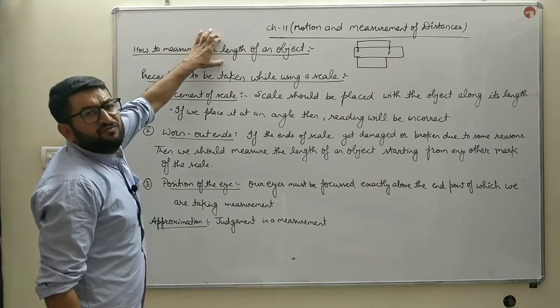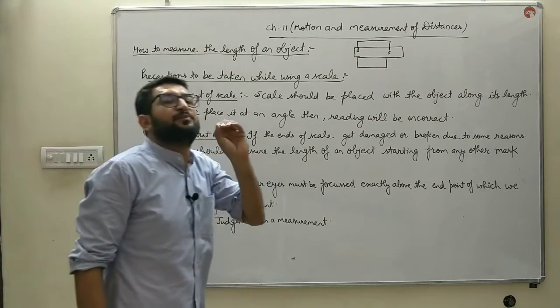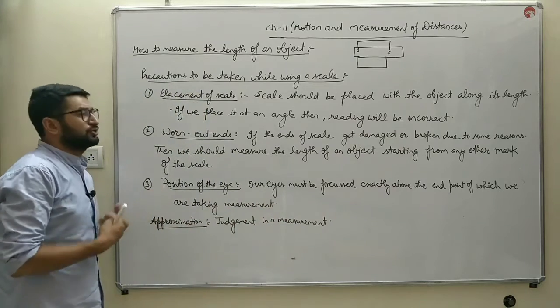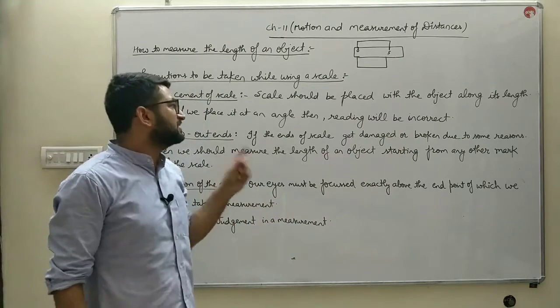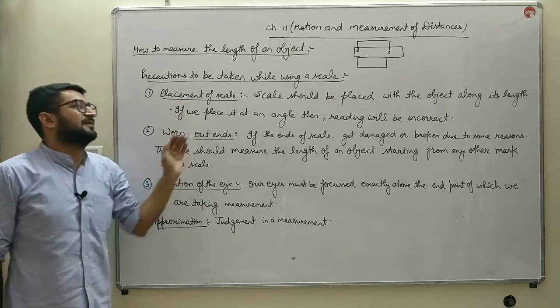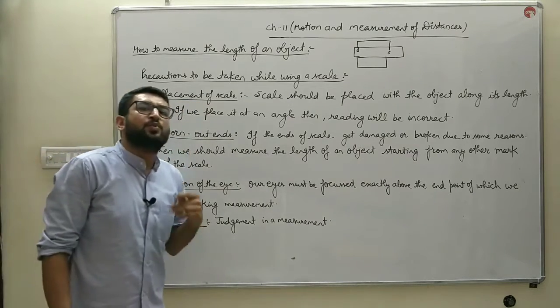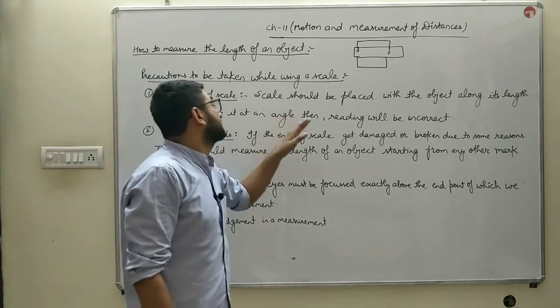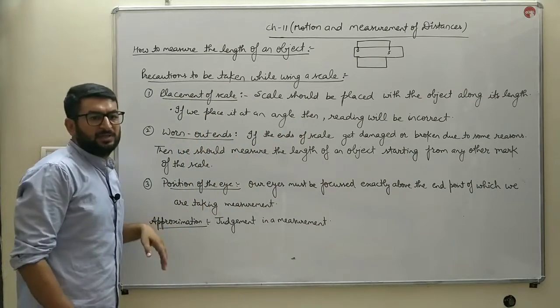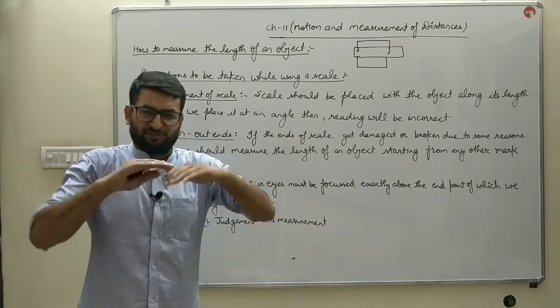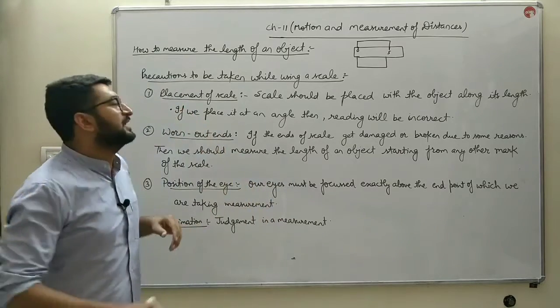During this, we have to keep certain precautions in our mind while using a scale. The first one is placement of a scale. The scale should be placed with the object along its length. If we place the scale at any angle other than straight, then the readings will be incorrect.